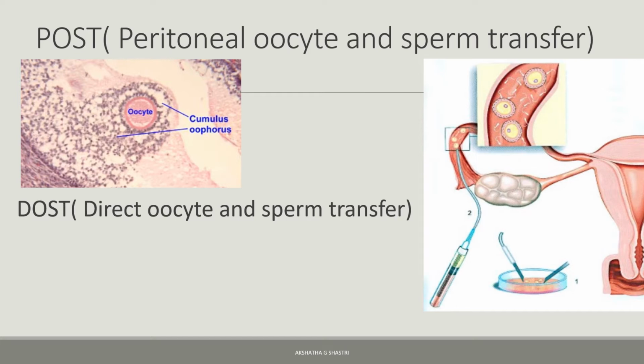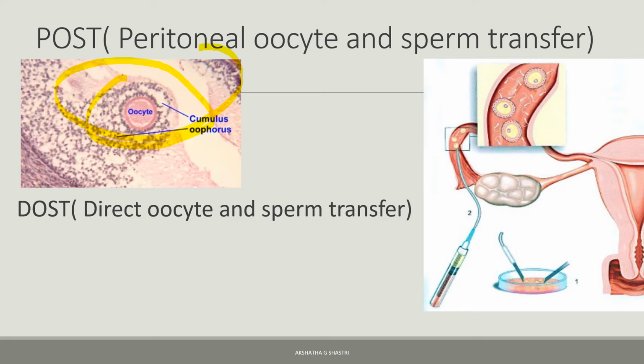Here the sperms and eggs are placed into the peritoneal cavity. See here, the sperms and eggs are taken and fused, but this fusion takes place in the peritoneal cavity near the fallopian tube, not in a petri dish. And this is done under ultrasound guidance.